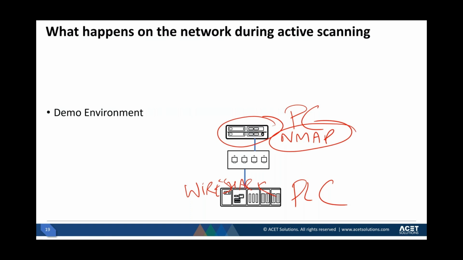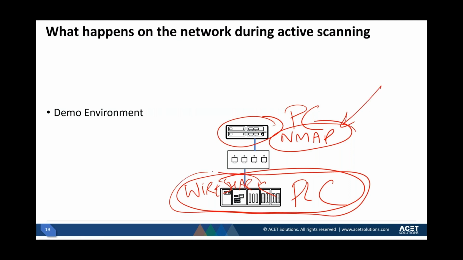active scanning commands on Nmap and see what this PLC sees, what type of traffic it receives. And then we'll see what I can do with those Nmap commands to make them such that the PLC doesn't get negatively affected.